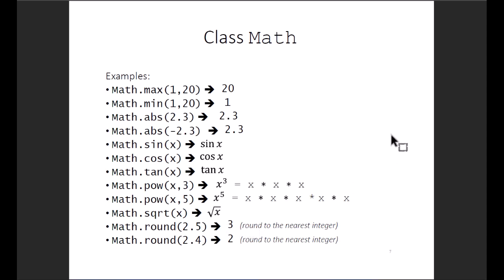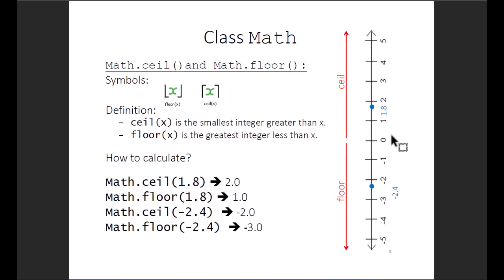Now let me go to ceil and the floor. You see, this is an excellent slide. Take a look at the value 1.8. Ceil is always the ceiling, a value that is above this number.